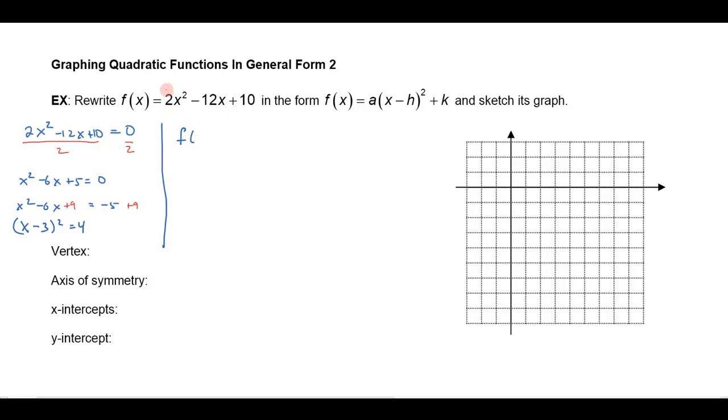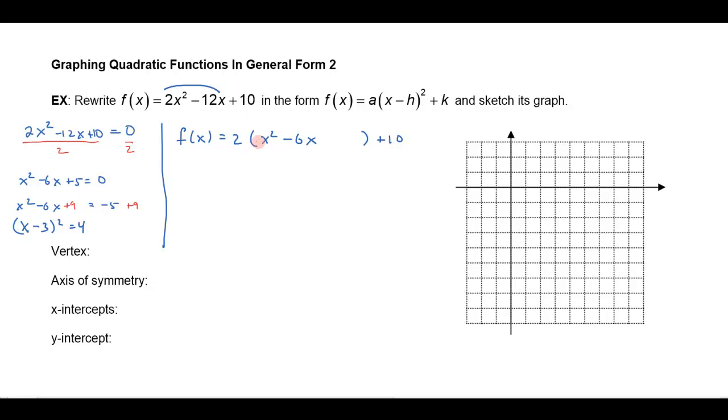So I'm going to take the first 2 terms and factor 2 out of just those x terms. That leaves me 2 times x squared minus 6x, and I'm going to leave a little space to complete the square. And notice I did not factor the 2 out of the 10. I'm just going to push the 10 off over here. So at this stage I still have 2x squared minus 12x plus 10. This is exactly what I started with.